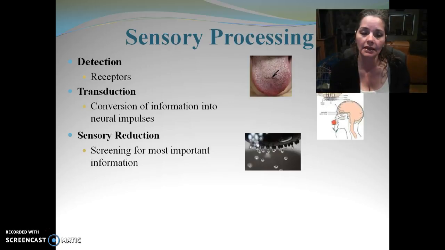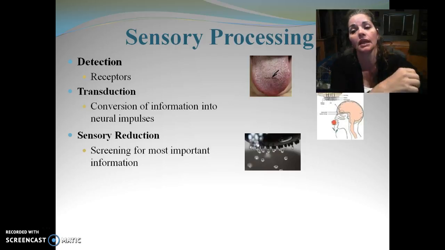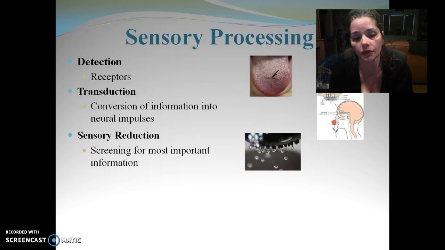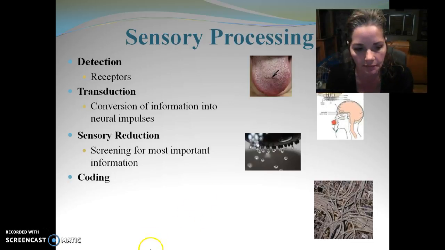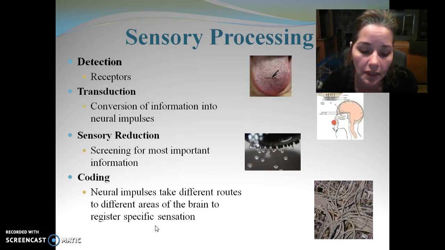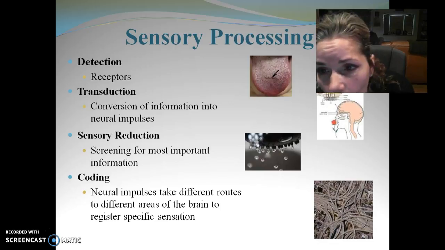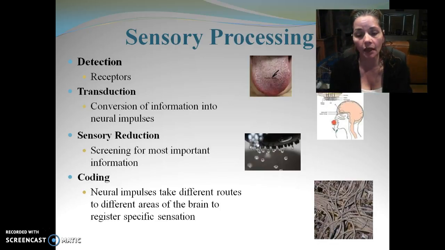And anybody that has ADHD or autism knows that this is a very challenging task, and our minds need to utilize a lot of energy in order to achieve that task. So then our brains also need to code that information. In other words, they have to determine, okay, what information needs to go where?